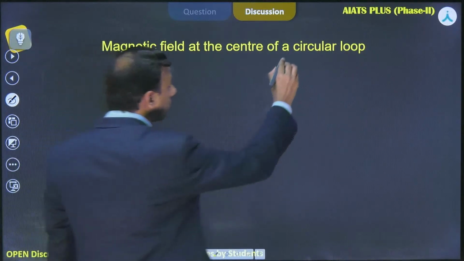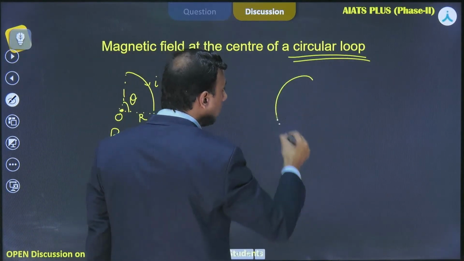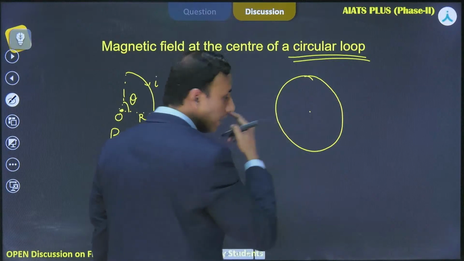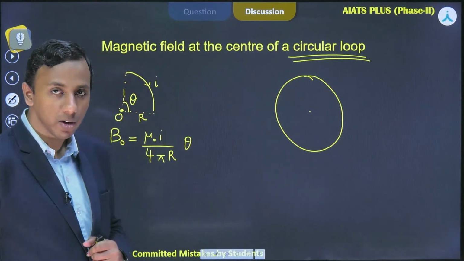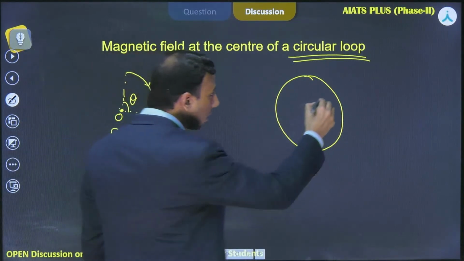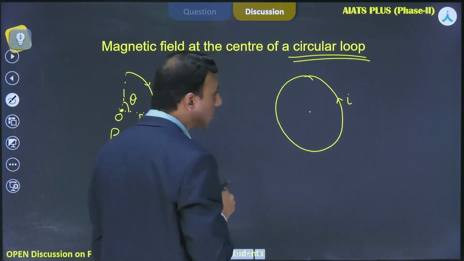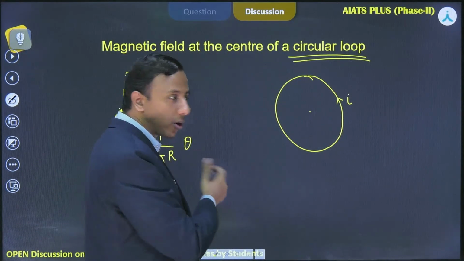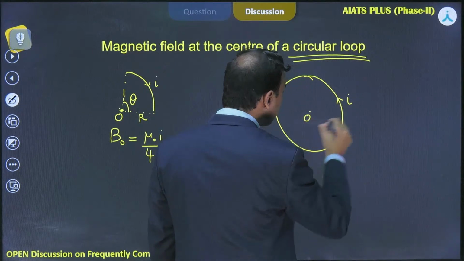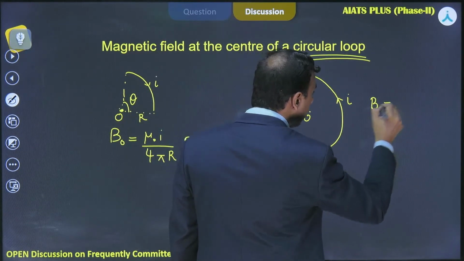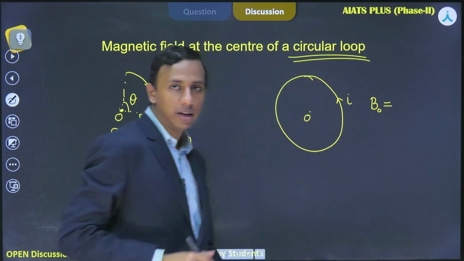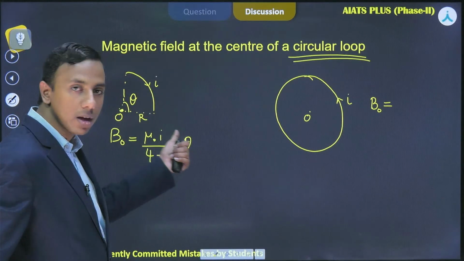So for circular loop, it's a circle obviously, and under this topic also I will give you a homework. Current I is flowing, radius is again R. So what will be the magnetic field at O? And remember, magnetic field is a vector. Here we have already written the magnitude.